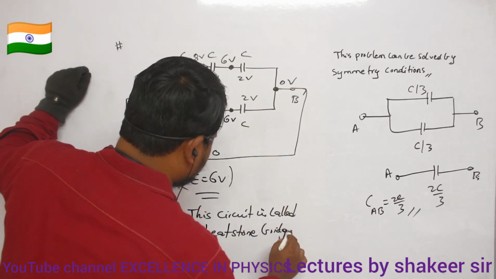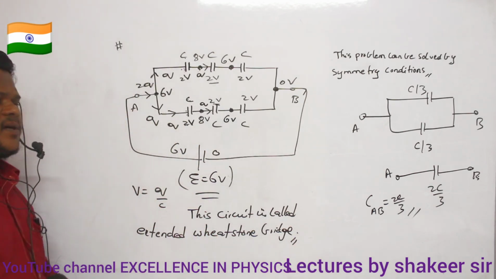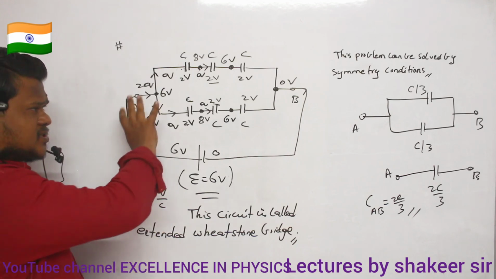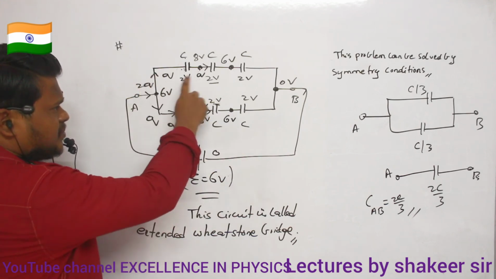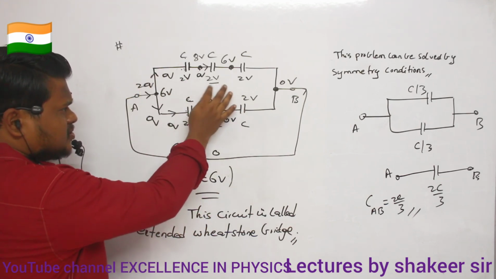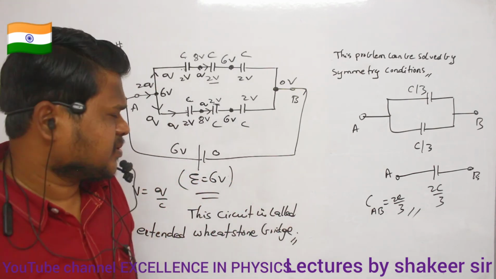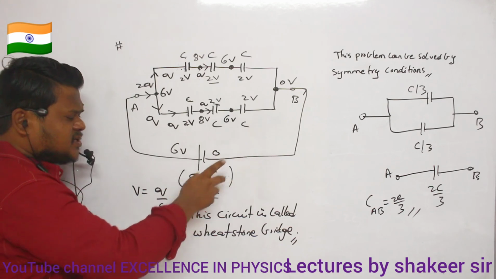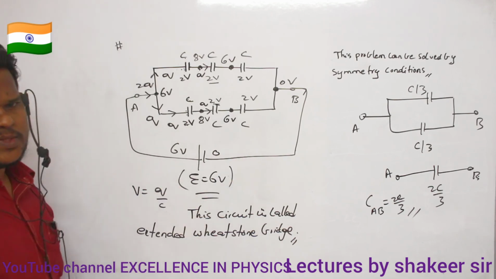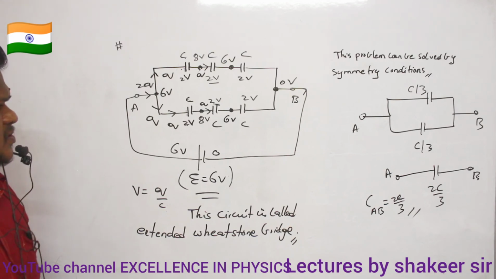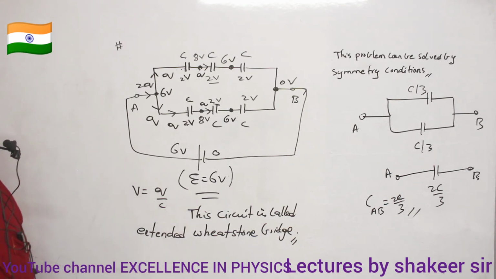Wherever you get this type of circuit, if the capacitances are equal, then you can remove these two branches. Previously, we were removing only one branch in the Wheatstone bridge, but in the extended Wheatstone bridge, I can remove two branches and do the calculation. That's all. So this is called an extended Wheatstone bridge.